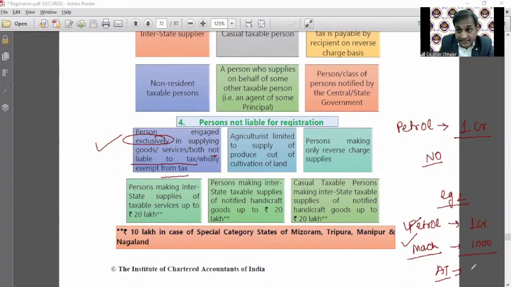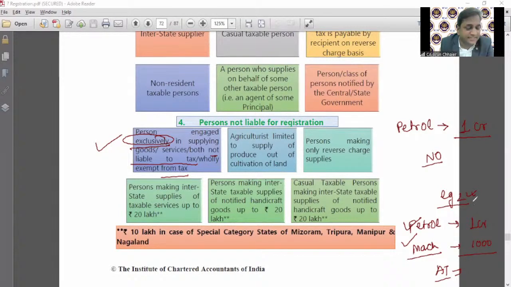So in this case, the aggregate turnover exceeds the threshold limit. Am I exclusively engaged in the supply of non-taxable items? The answer is no. Therefore, I need to take registration in example number 2. I hope it is clear. Sandeep, kindly confirm. Tannu, is it clear now?